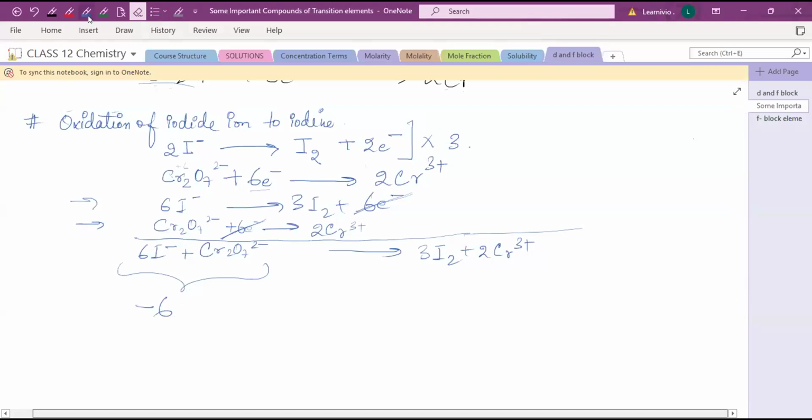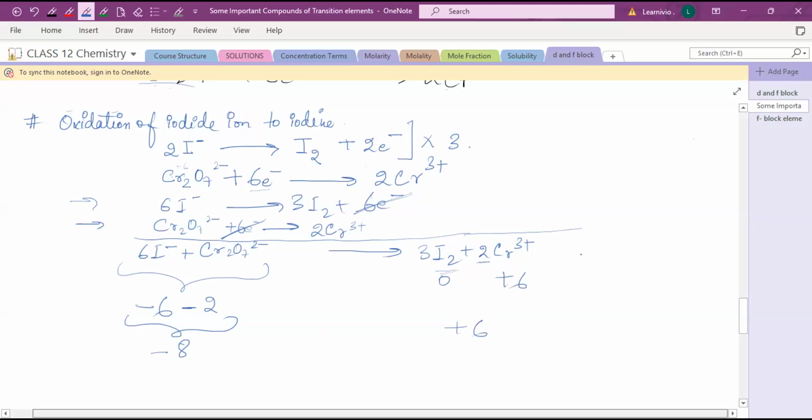Now we add both on the left side. This is minus 6 and this is minus 2. Combined, they give you minus 8. Similarly on the right side, I2 is in molecular form, so its oxidation state is 0. Chromium is 3+, and there are two of them, so you multiply and get plus 6. So here 0 plus 6 gives plus 6.